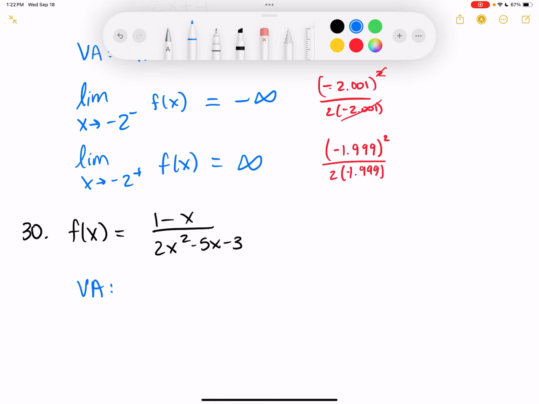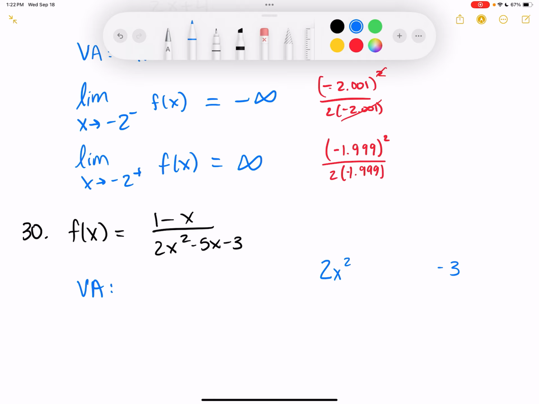Factor. Factor, which is going to give me what? Think about this. So you multiply the 2 by the... One of them's gonna be 4 and 1. What? 4 times 1 is not 6.